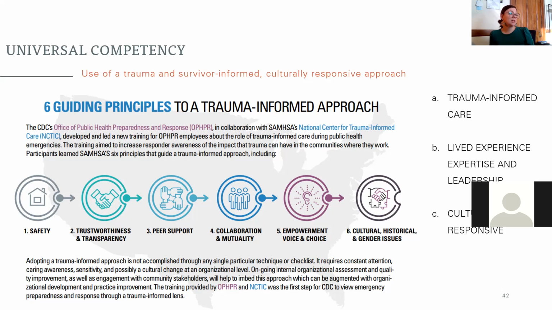Adopting a trauma-informed approach is not accomplished through a checklist or a particular technique. It requires a variety of things to be at play: constant attention, awareness, caring about what's going on, having sensitivity, and possibly a cultural change at an organizational level, right? This can't all be approached by just the individual.